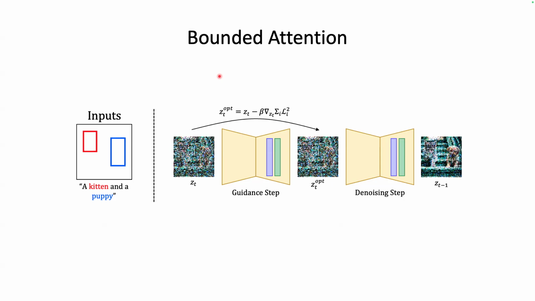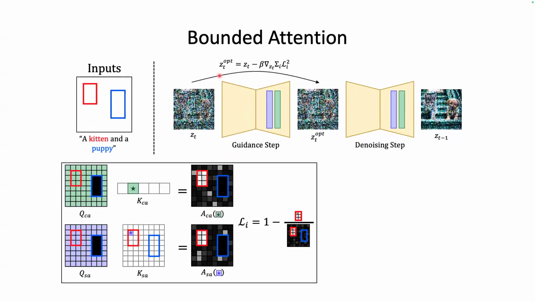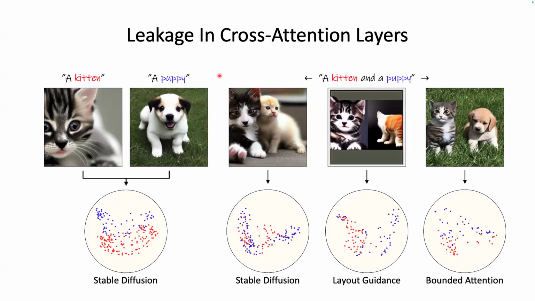Okay, so we bound the attention so that the kitten is not influenced by the puppy. We also call this paper Be Yourself. The reason for that is that each subject should evolve only by looking at itself and not by being influenced by other objects. So I will skip a bit of the details.